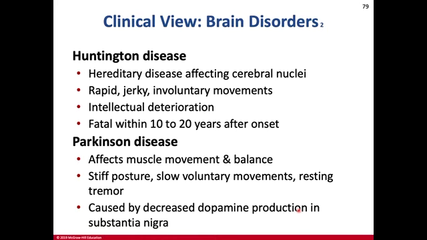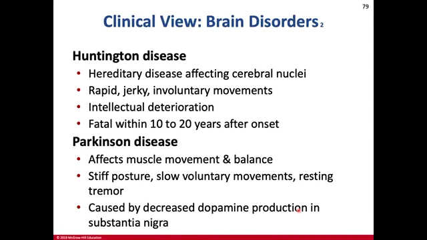The substantia nigra of the midbrain produce dopamine, okay, and that helps to control and coordinate movement and also allows ease in beginning and stopping movement, okay. And so when people have Parkinson's, they have problems with fluid movements and initiating and stopping movements.